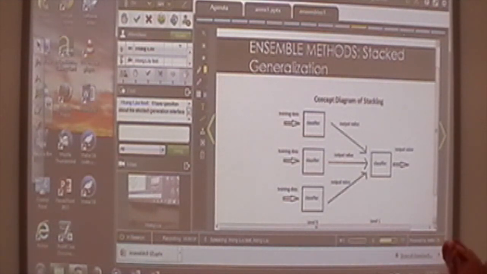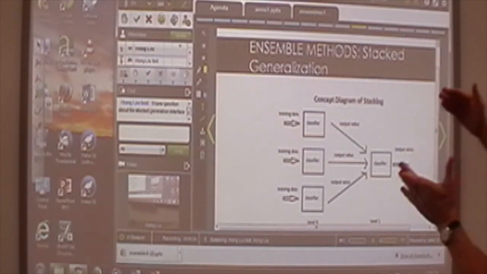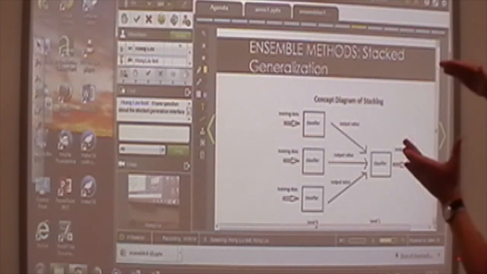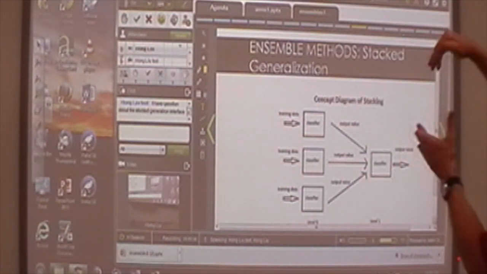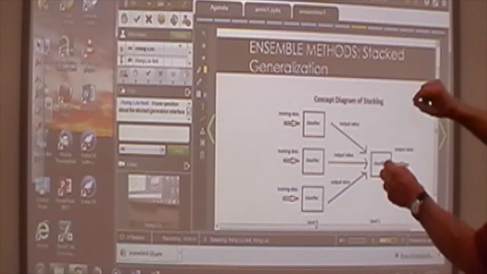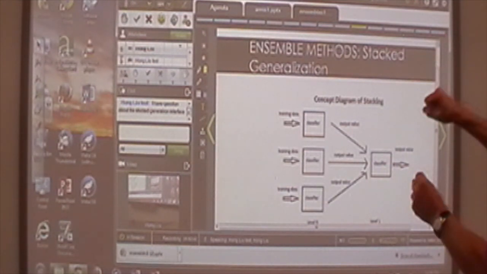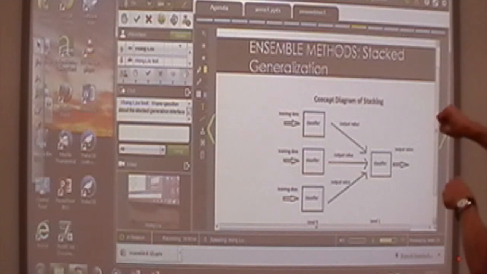I think Ting and Witten had a good description of it. But basically, you use the training data to train your original classifiers, and they give an output. And those outputs are now your training data for your next classifier.